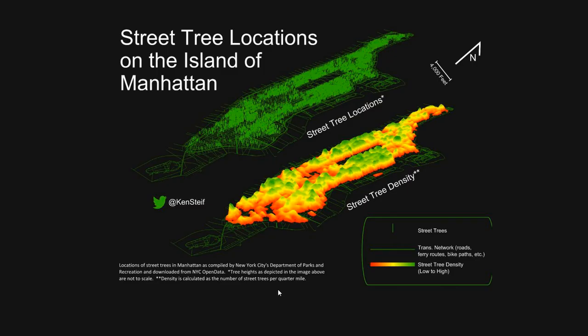We can also think of this in terms of, let's use the example of street trees in Manhattan. So there's many different street trees, and we can see kind of the overall pattern in terms of their actual points location. So we can see some clumping, but we really can't make out the visual pattern of the highs and the lows in terms of density until we go to a density surface.